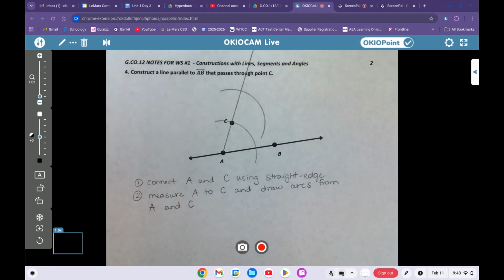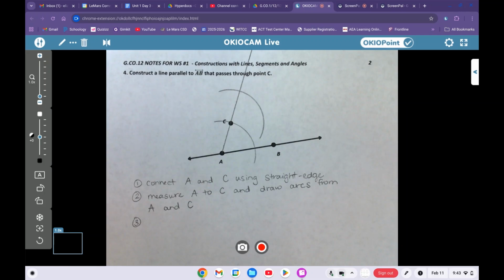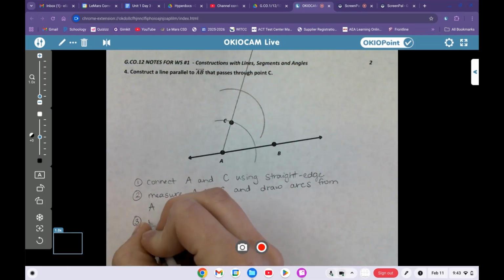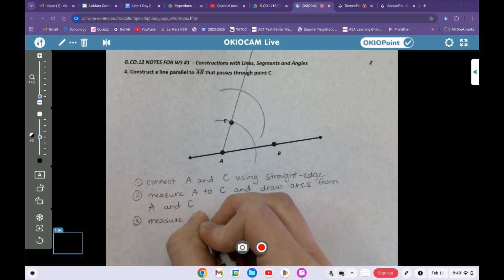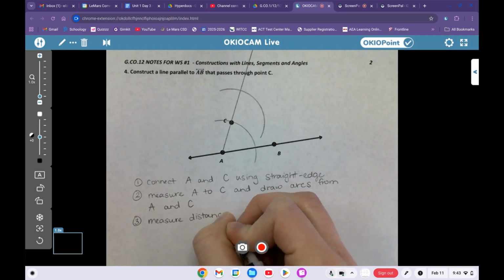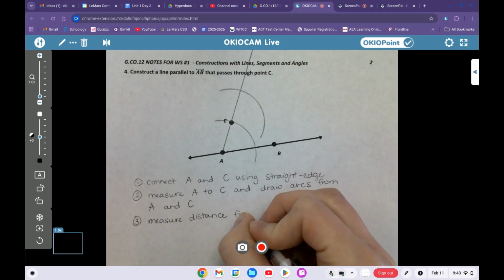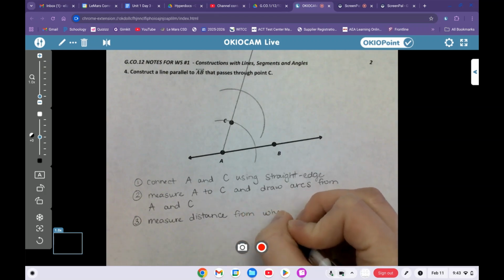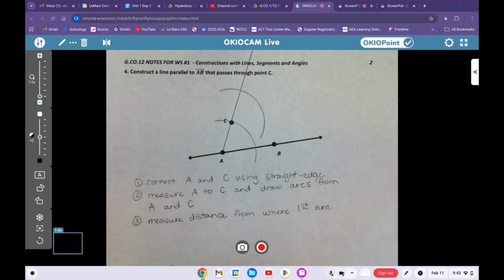All right, our next step. We're going to measure the distance from where my first arc hits that line AB.